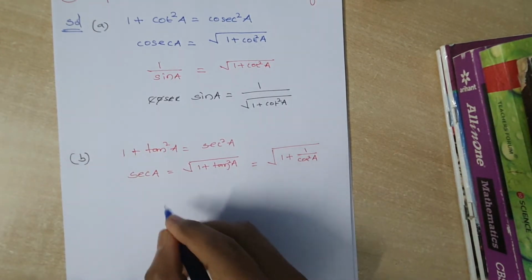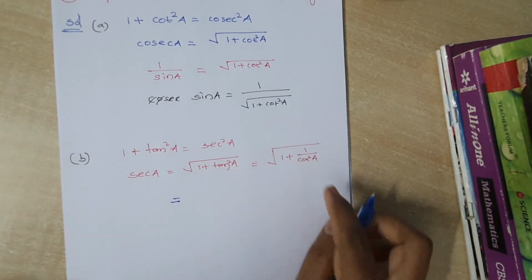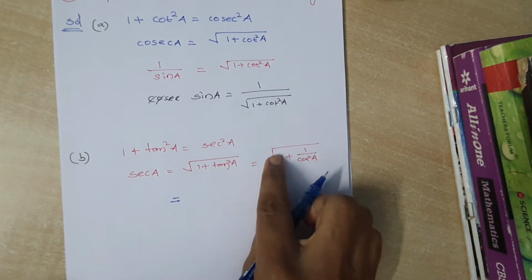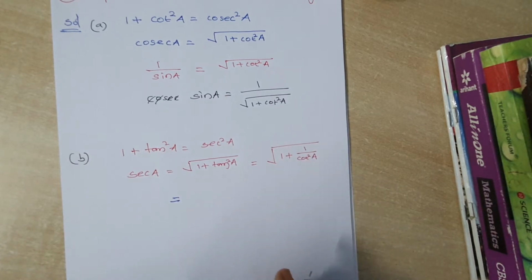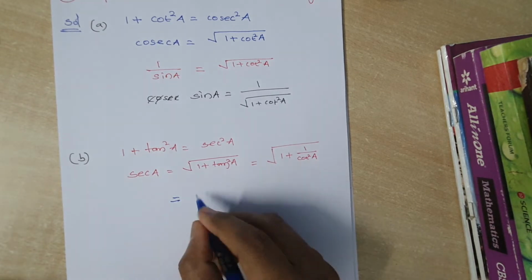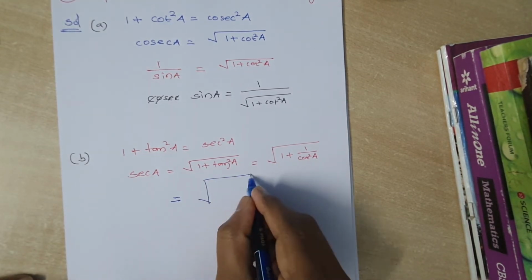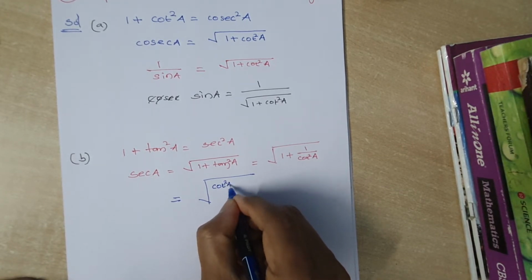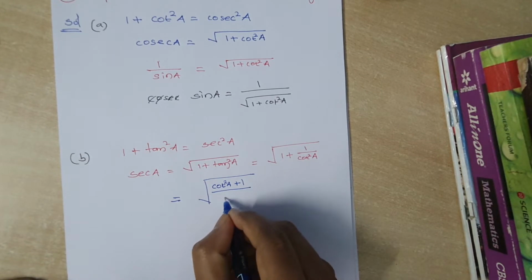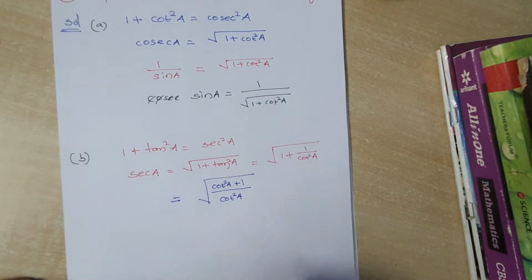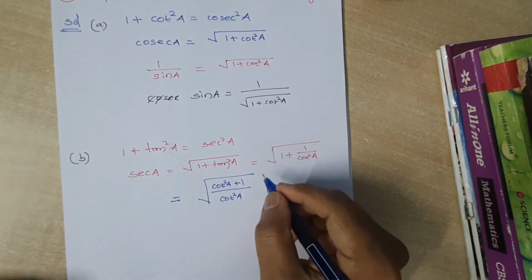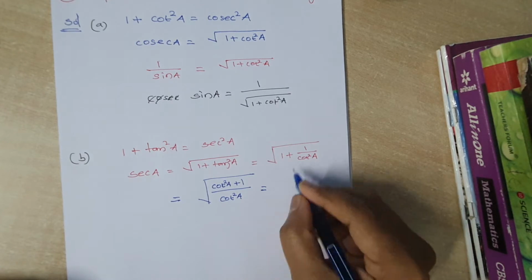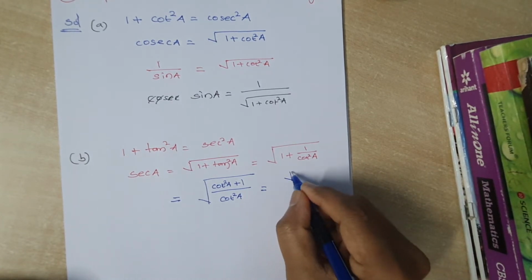Now when we cross multiply, what do we get? Square root of cot square A plus 1 by cot square A. We know that square root gets divided over division. Like divided, we can simply break the square root.